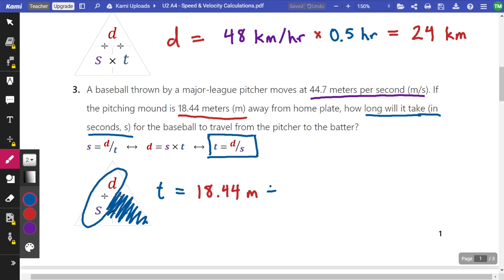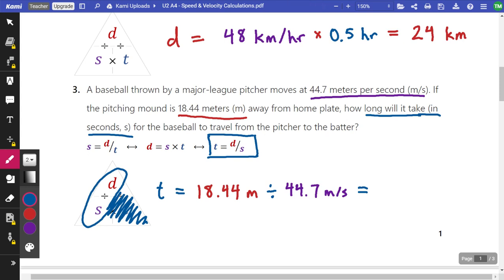So 18.44 meters divided by my speed, which is 44.7 meters per second. I should get my time in seconds, or whatever unit I'm using for time. In this case, it's seconds.